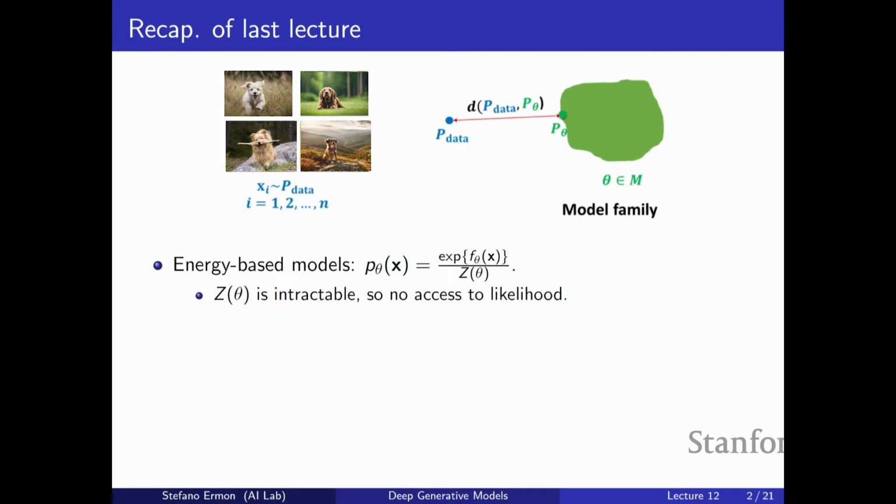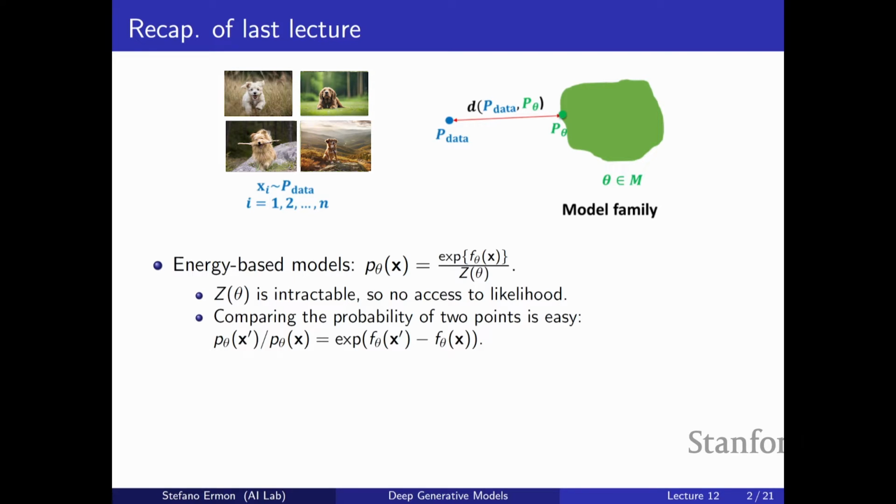And the problem is that typically evaluating z theta is intractable because we are interested in modeling multiple random variables, or random vectors x with many different components, which means that there is a huge number of possible x's that you would have to consider in order to compute the normalization constant, which means that evaluating the probabilities of data points is generally going to be intractable. You can always evaluate the numerator very easily, but it's very hard to evaluate the denominator in that expression.